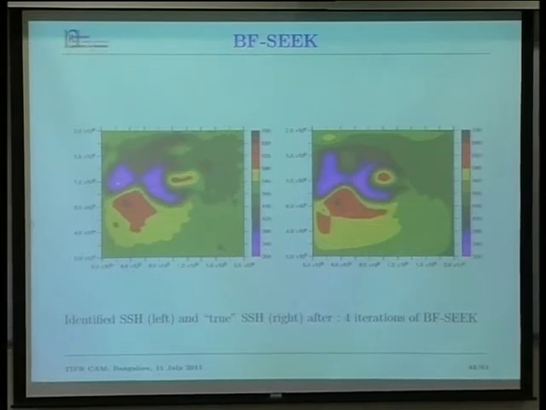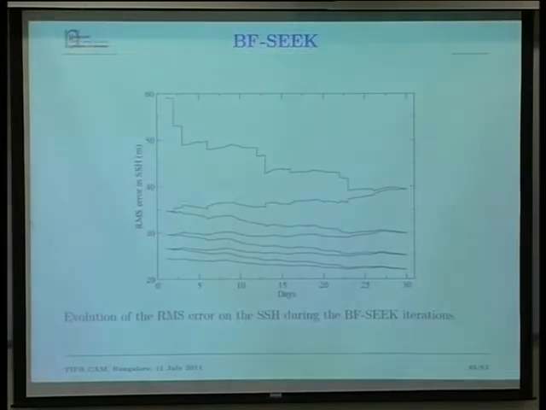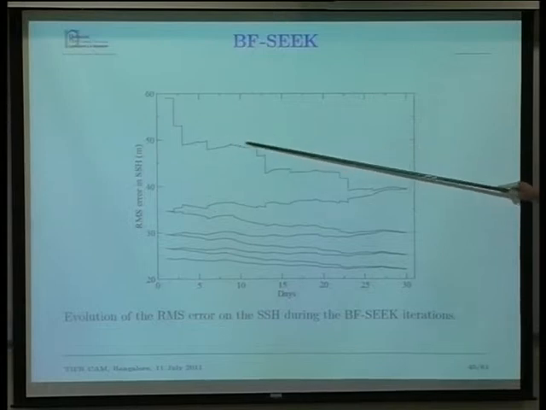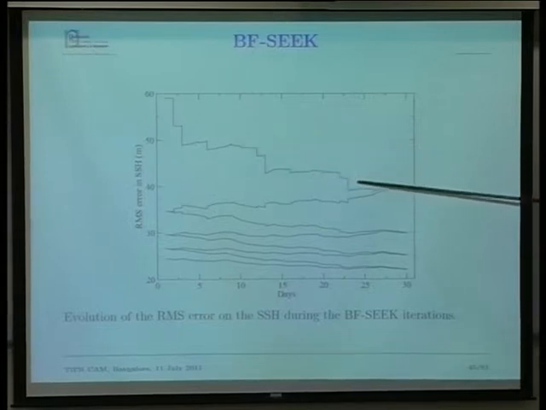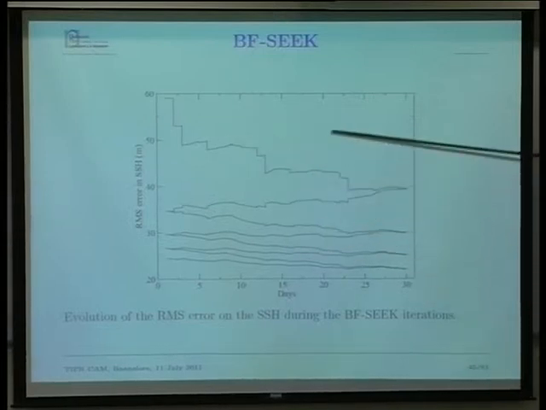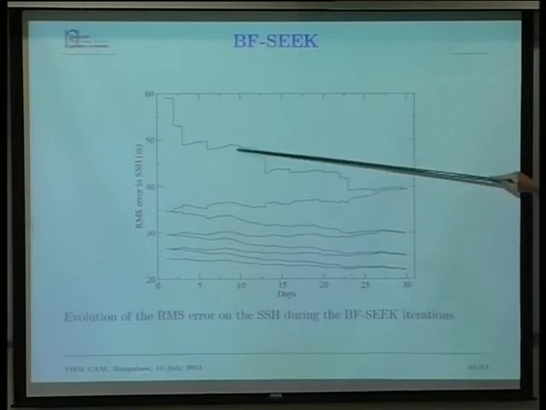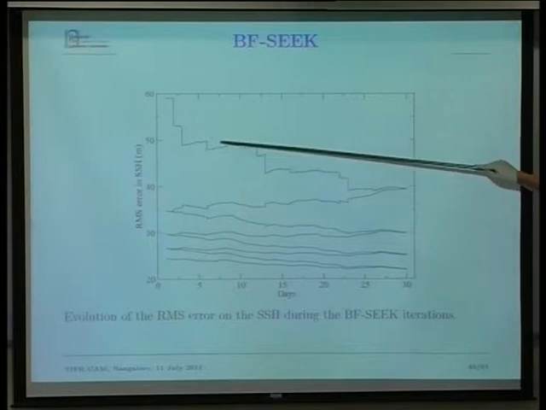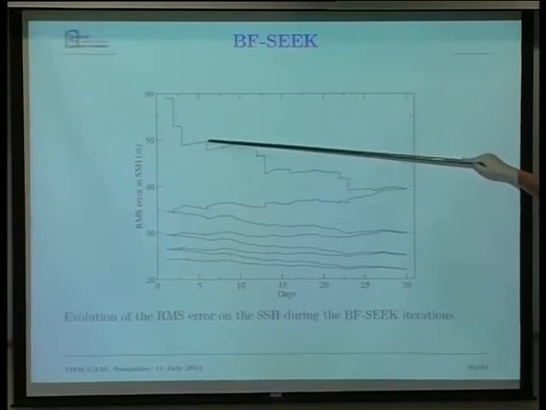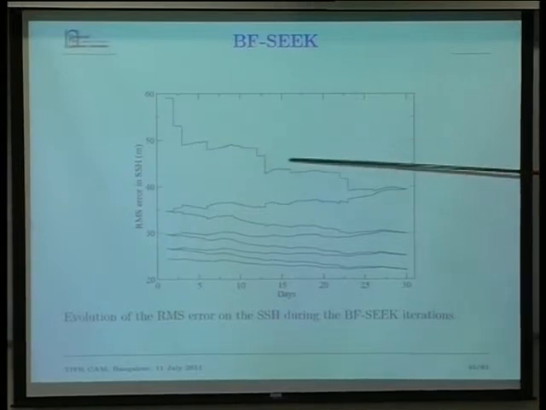After 4 iterations, you can see here the decrease of the SSH error during the assimilation window with the iterations of the back and forth SEIK filter. So you can recognize it's a Kalman filter. You have every day a correction. So forecast and prediction, correction, and so on.